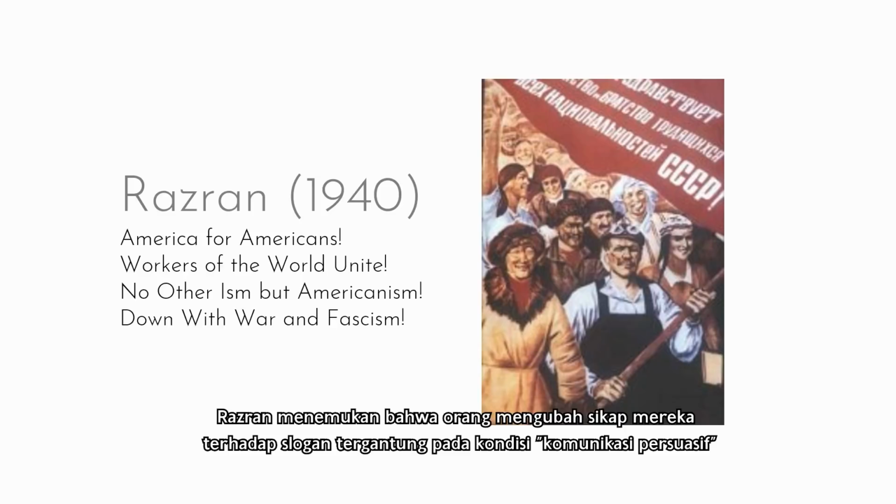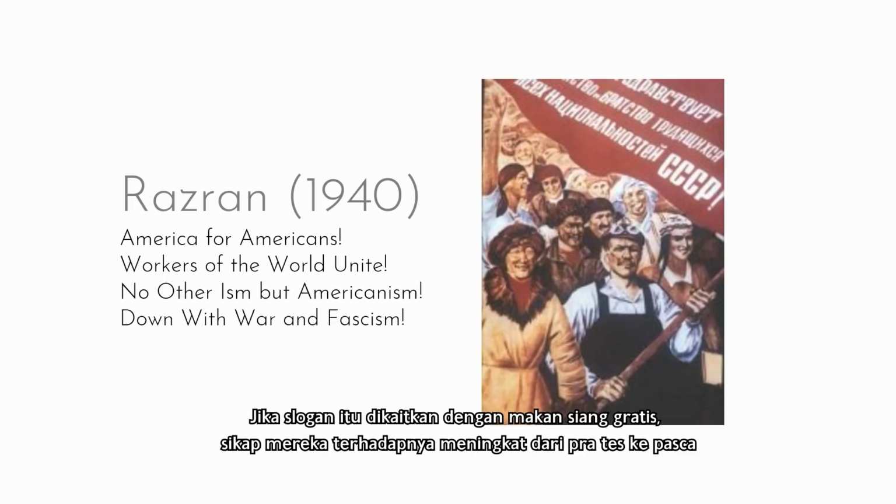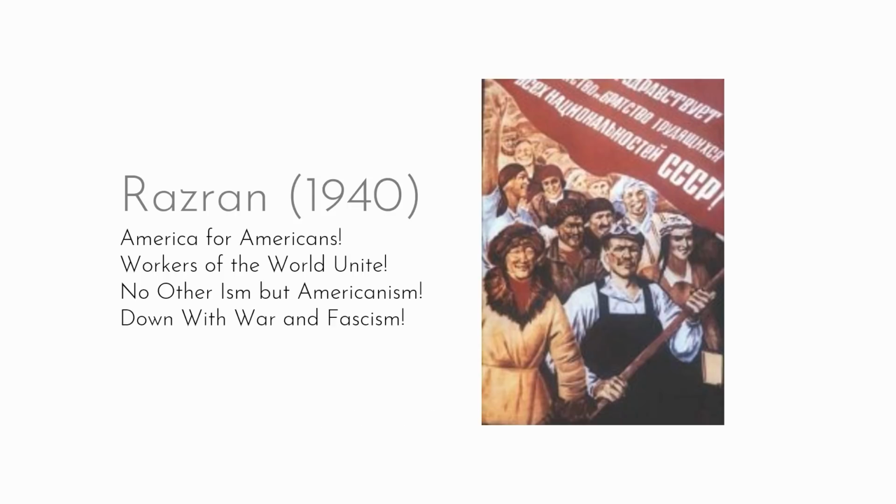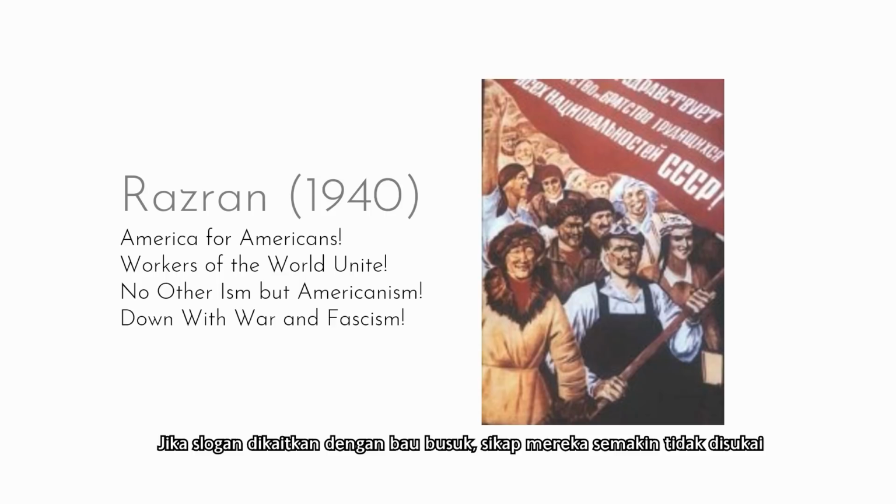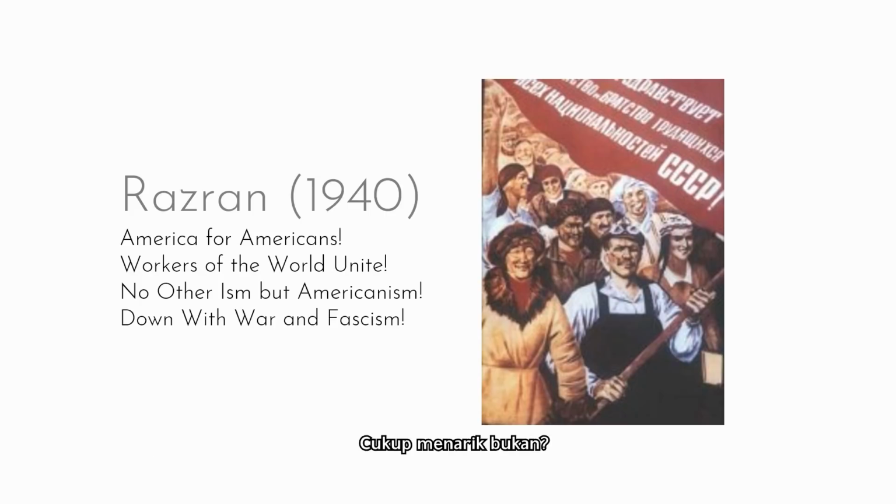Razran found that people changed their attitudes towards the slogans depending upon the persuasive communication condition. If the slogan was associated with a free lunch, their attitude towards it improved from the pre to post test. If the slogan was associated with foul smells, their attitude became more unfavorable. And finally, for slogans associated in the neutral condition, there was no change. Pretty interesting, right?